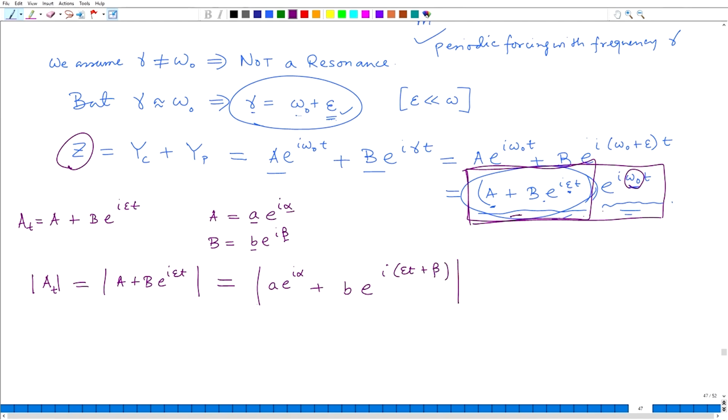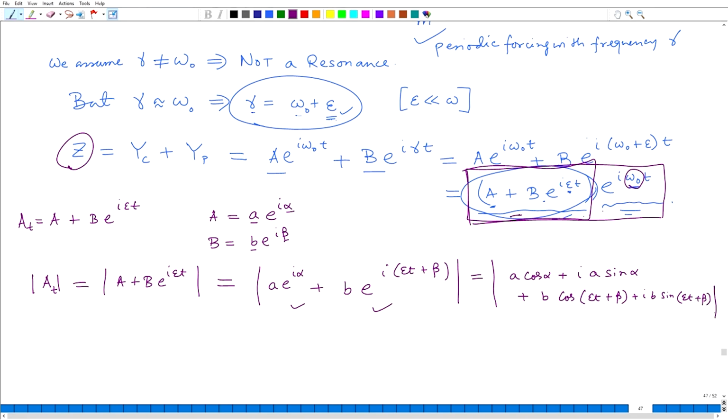So, the mod of these two terms. Okay. I can write this in a very detailed manner, so that you can understand what this is. So, this is A cos alpha plus I A sin alpha plus B cos epsilon t plus beta plus I B sin epsilon t plus beta.